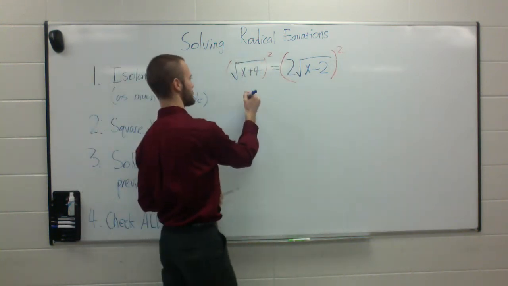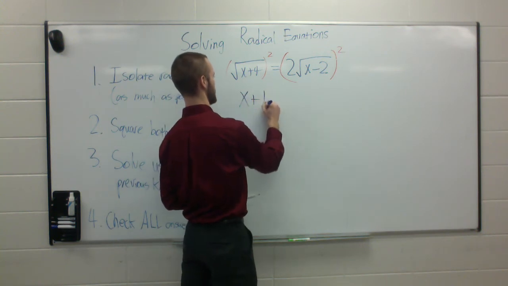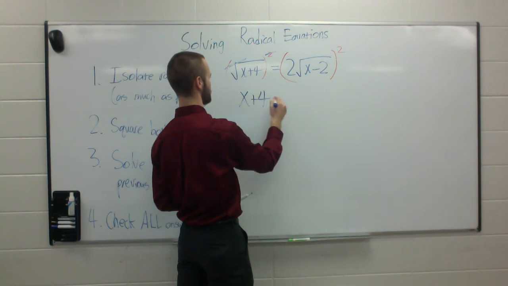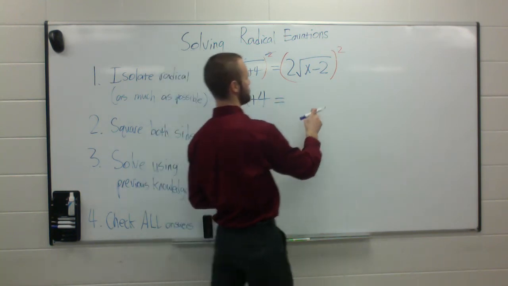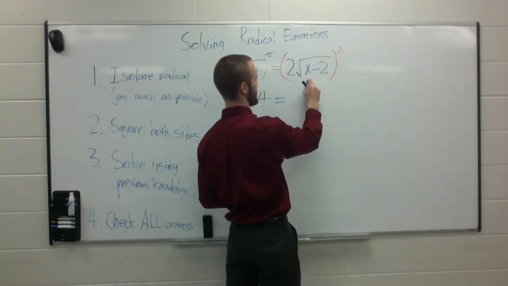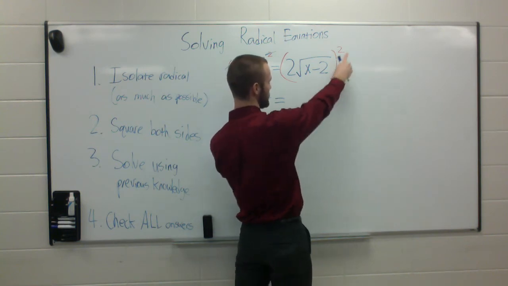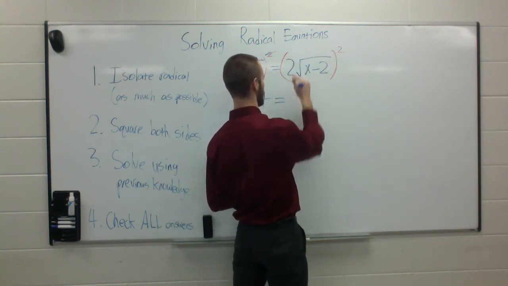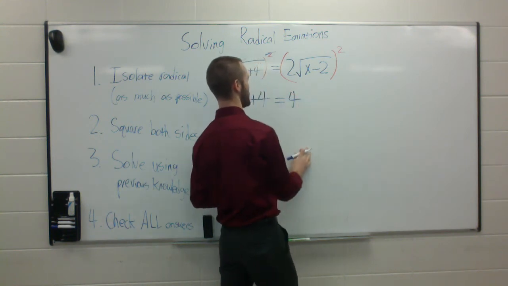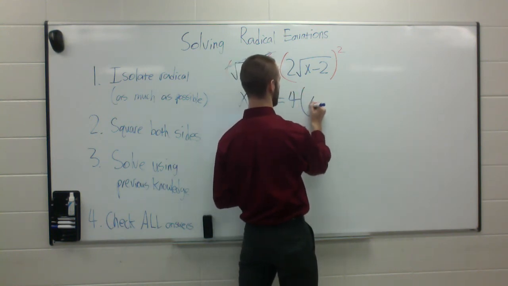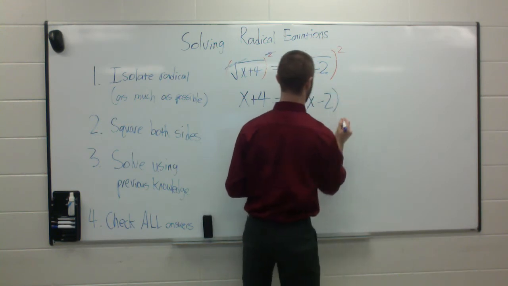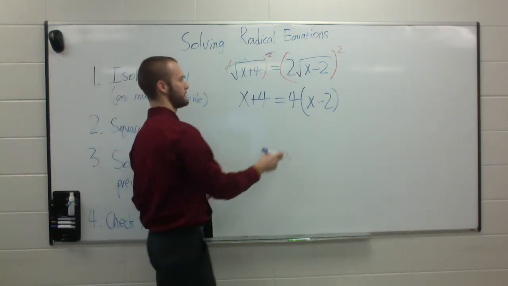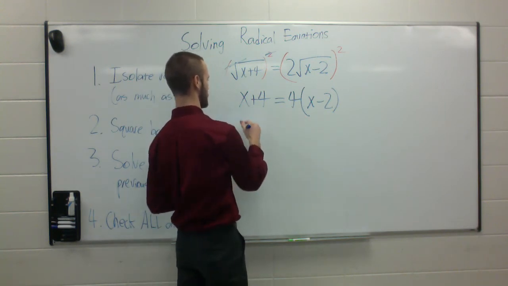So, this one is standard. These two cancel out. Now, here we have 2 times the square root of x minus 2 squared. So we have to square each part. So 2 squared is 4, and x minus 2 squared is x minus 2. Now we can solve this like a normal equation.